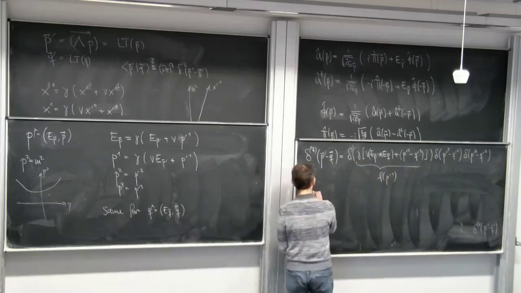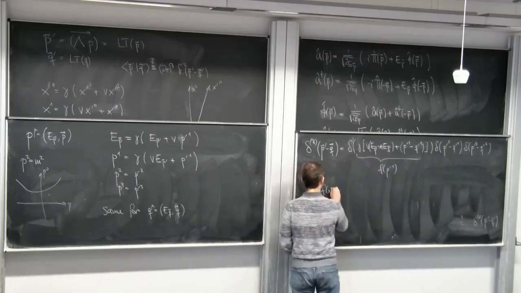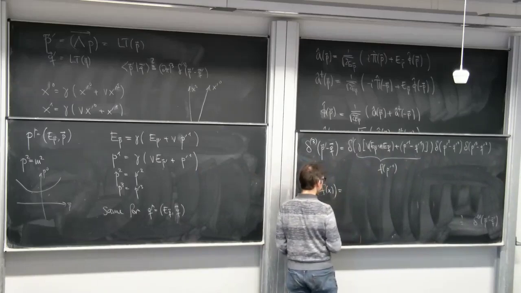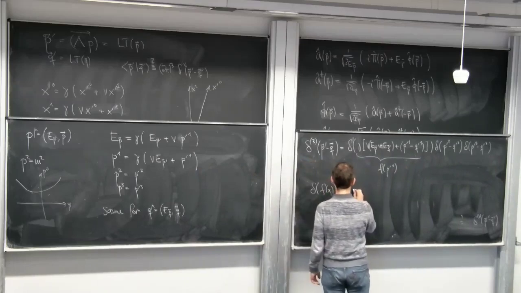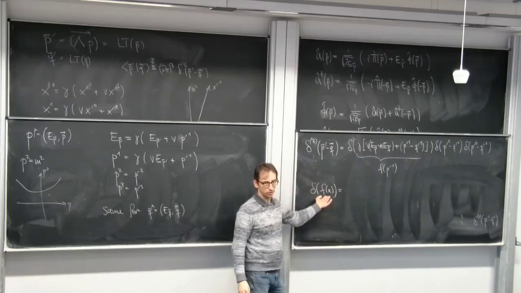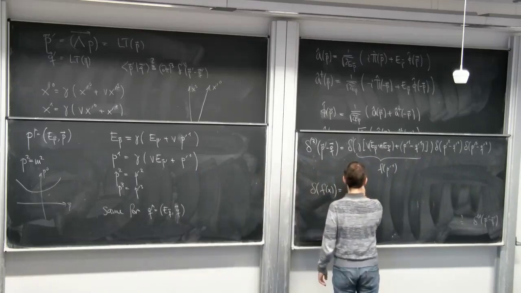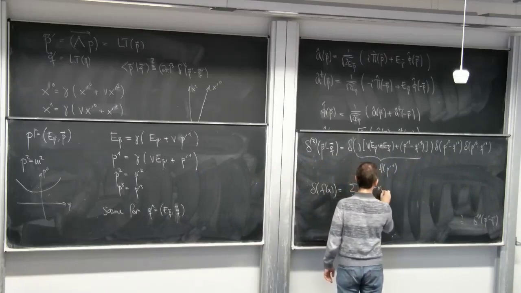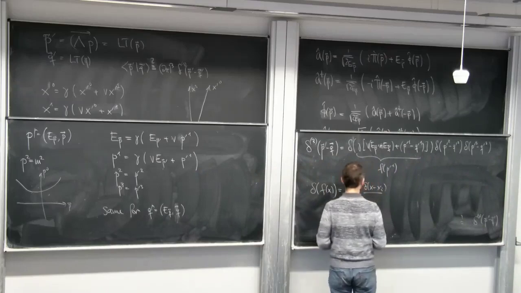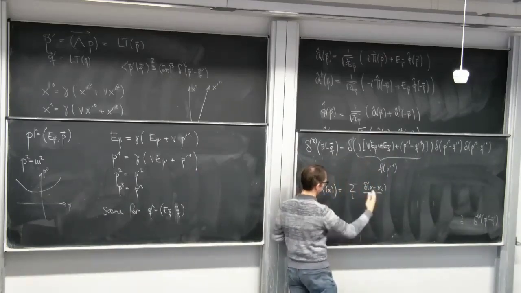Why? Because there's a formula. If you have delta of f of x, you find out what all the roots of f are, and then for every root, you have a delta of x minus x_i, and then the normalization, how fast your function goes through that root.